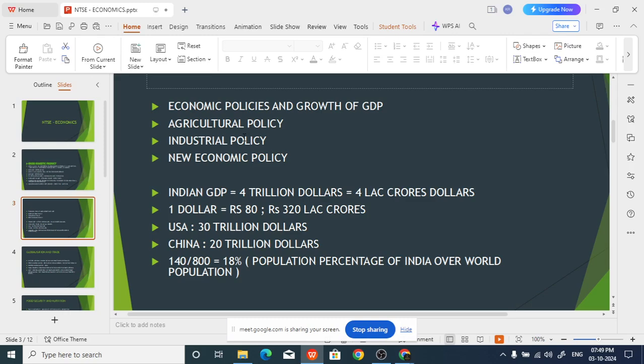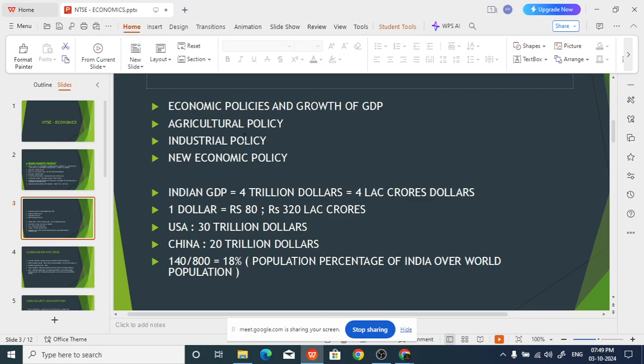It is 7-8%. What does 8% mean? Suppose it grows by 8%. What will be the GDP next year? Today it is $4 trillion. Suppose it grows by 8%. How much will it be next year? This year, 2024, it is $4 trillion and it grows by 8%.